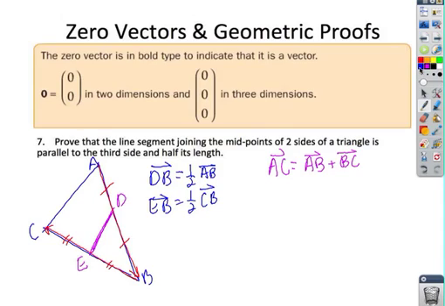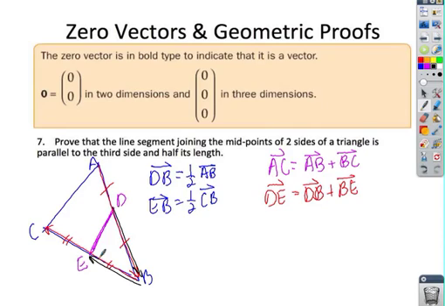Vector DE is equal to DB plus BE. By the algebraic principles that we've learned, those work as well. And again, going from D to B, and then B to E would result in vector DE.